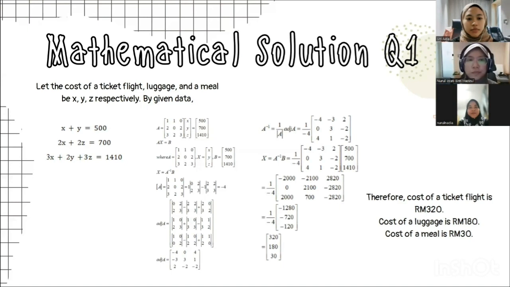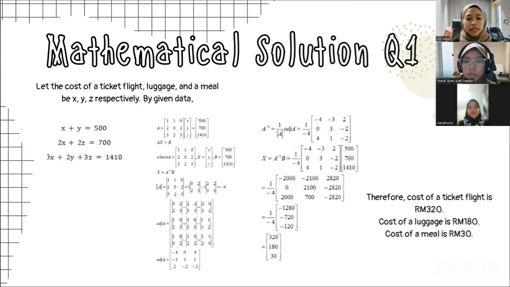So the first step is to find the determinant of matrix A, where the determinant is 0 times 3 minus 2 times 2, minus coefficient 1 times 2 times 3 minus 2 times 3. So the determinant is equal to -4.